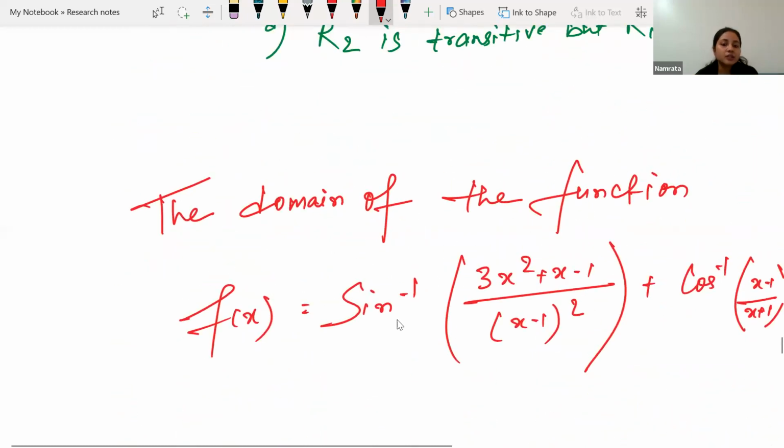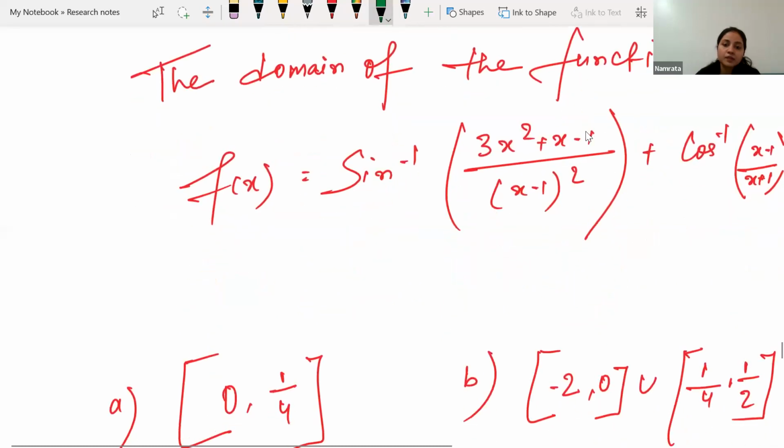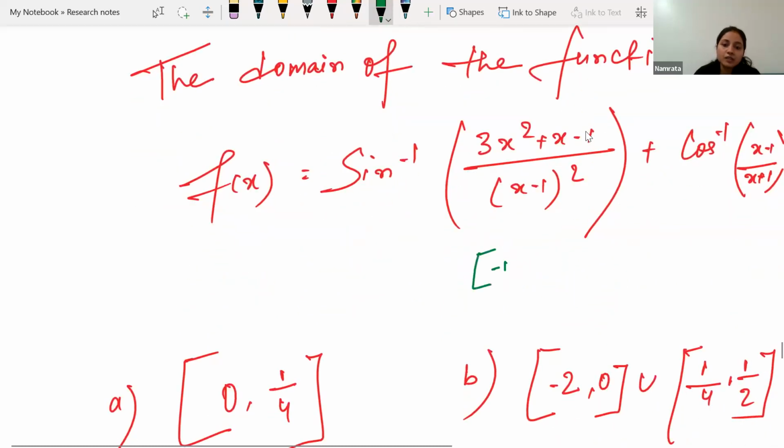So we have to find the domain of this function. F of x equals to sine inverse this, cos inverse this. Now inverse trigonometric function you have done, and you know that sine inverse, this input, what is the domain of sine inverse function? Anyone? Minus 1 to 1 in a closed interval. Cos inverse also closed interval minus 1 to 1.